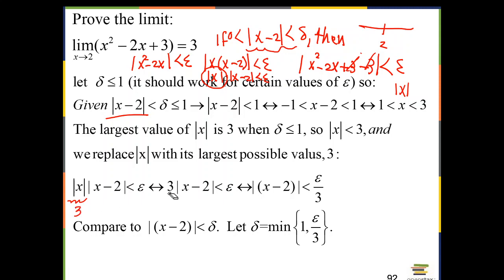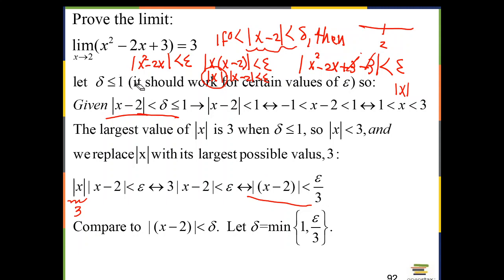So I've just put a 3 there. Now I can isolate x minus 2, right? And now I compare this to this, and I see that my delta has to be what? Epsilon over 3.